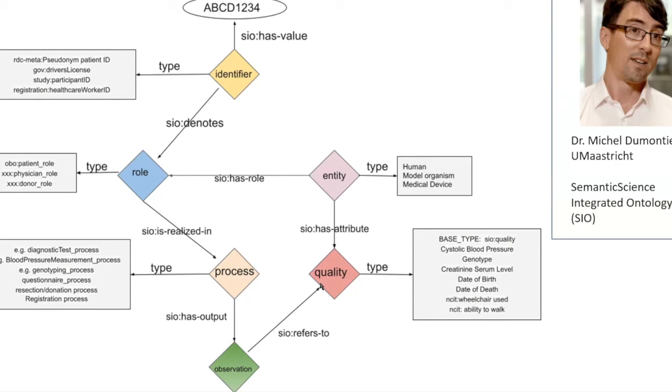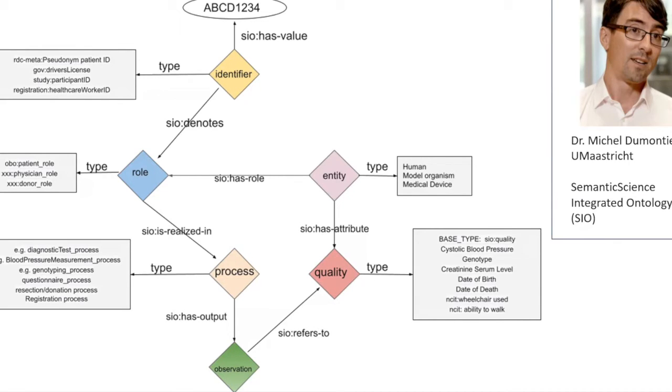And that output generally will refer to some quality of the entity. So for example, taking a blood pressure is a process, and it has an output of 120/80, which refers to the quality of blood pressure, or systolic blood pressure, or diastolic blood pressure, for example. And those are attributes of humans. So that's the upper level ontology.